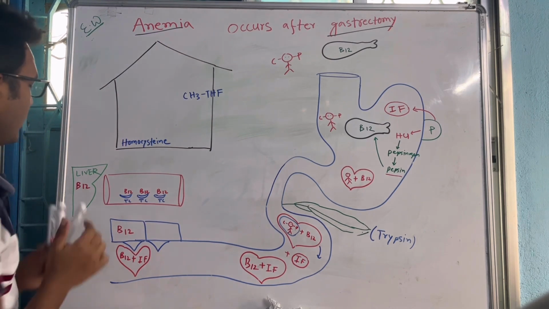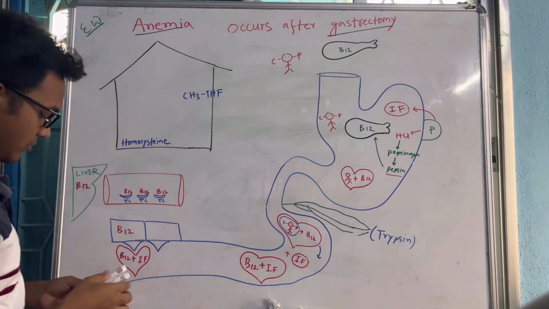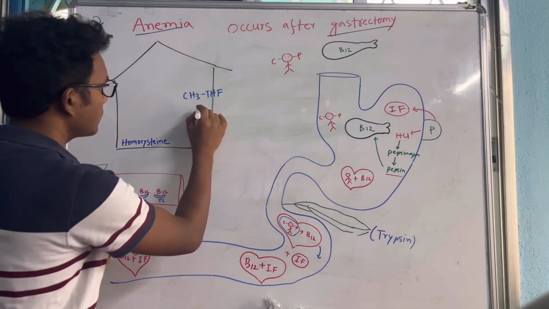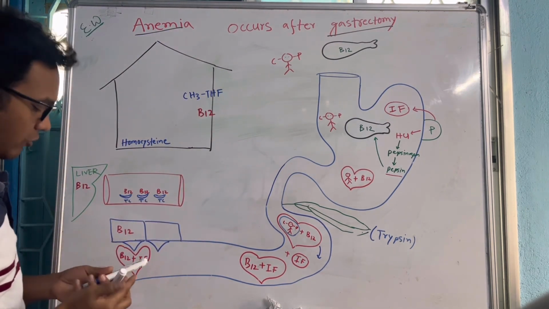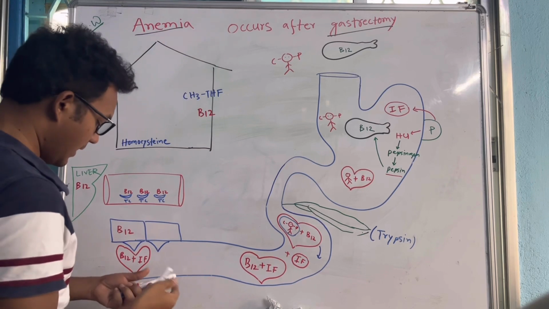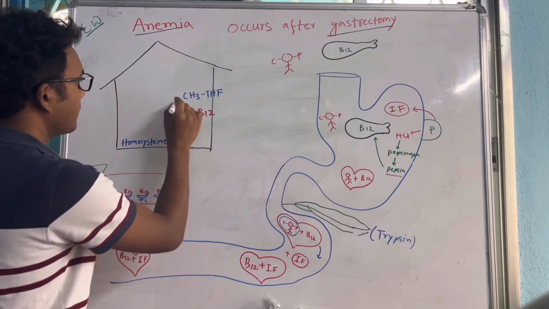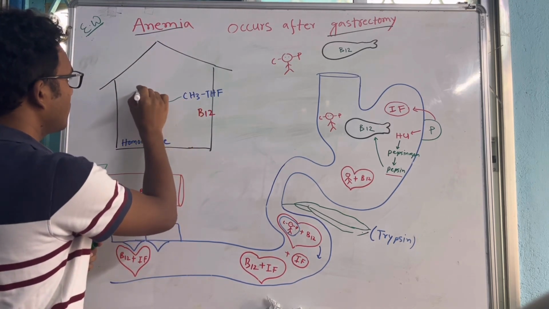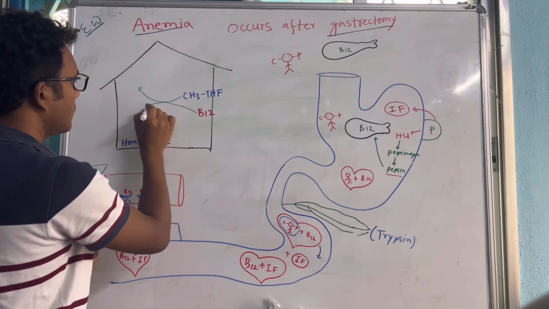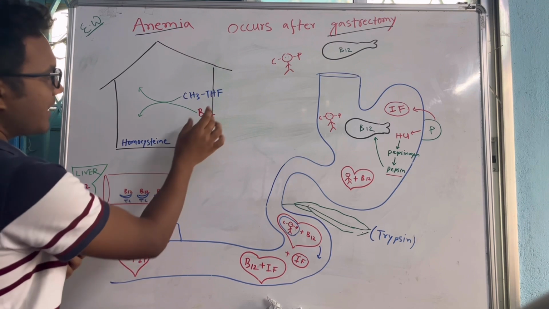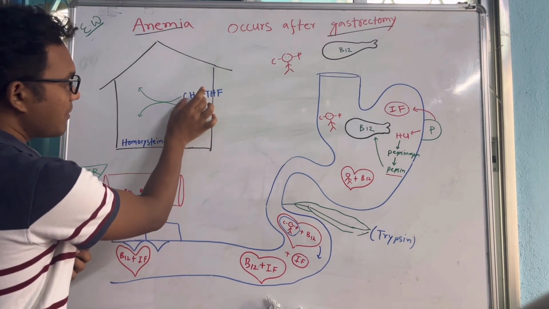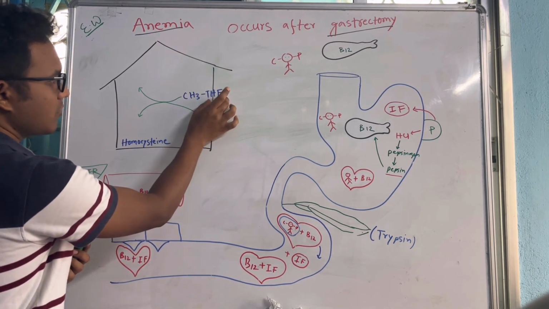Now B12 comes in the bone marrow. Here one reaction occurs: B12 takes the methyl part of the tetrahydrofolate.